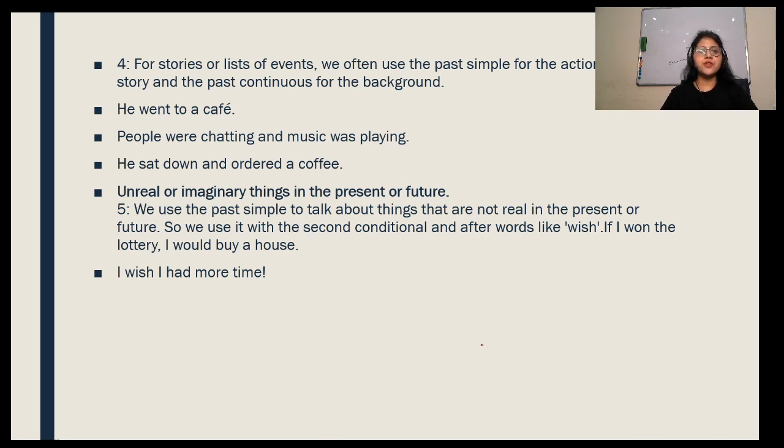Now we use it for stories or lists of events. We often use the past simple for the actions in the past and the past continuous for the background. Clear? So that's just your general past simple and past continuous correlation, and we also use it for unreal or imaginary things in the present or future. So that's the conditional.